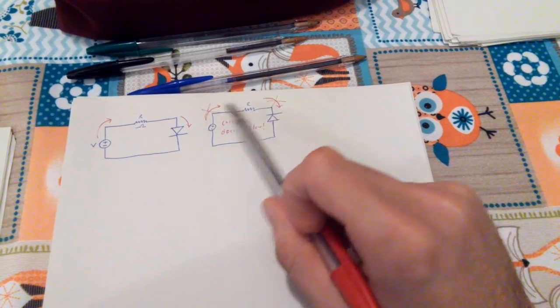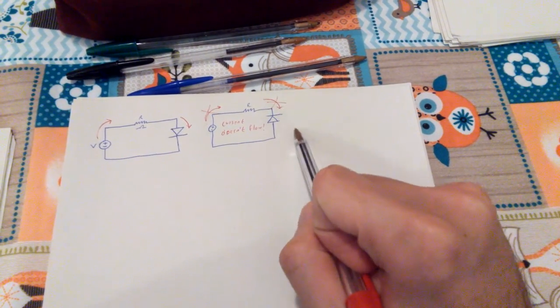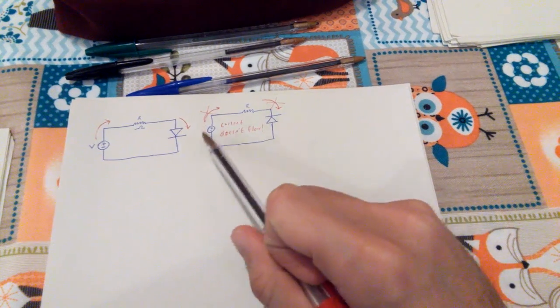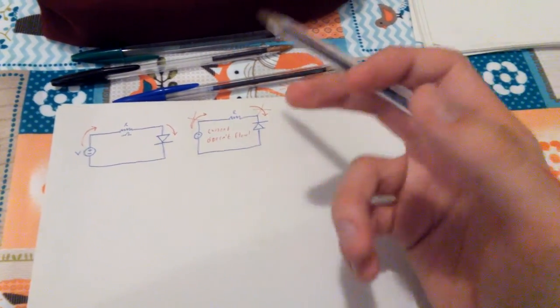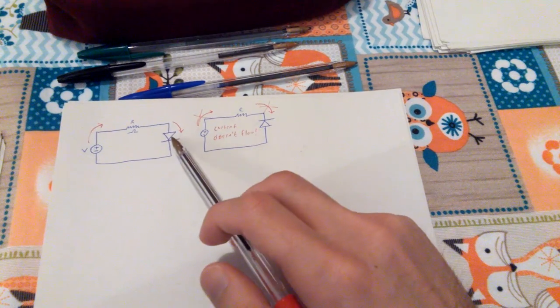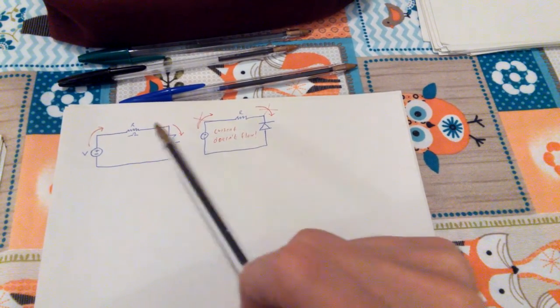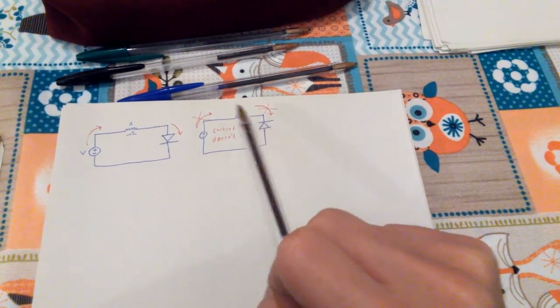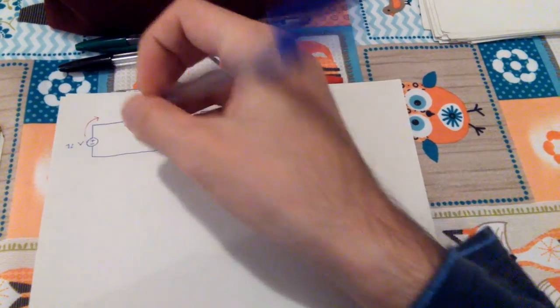But if we exceed this, then we can make the current go through. Let's say that we have 12 volts here.